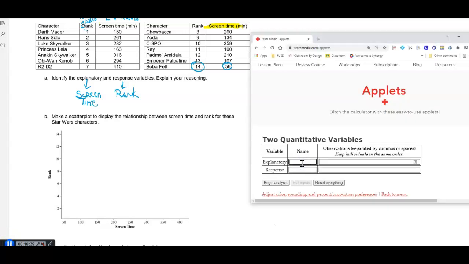All right, so we go ahead and type that in and do our scatter plot. Let's do that. Take a pause for a second. So this is screen time in minutes, and this is rank.